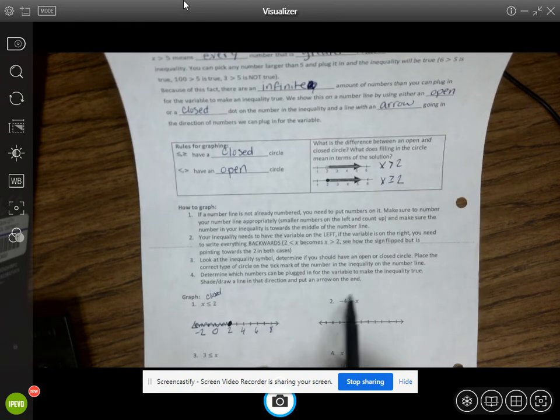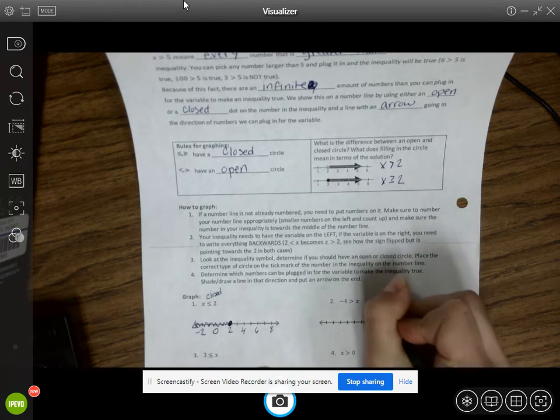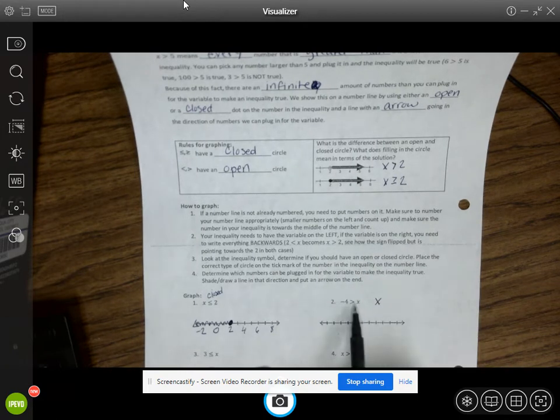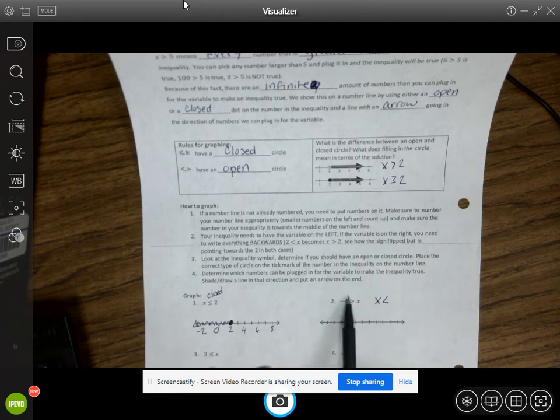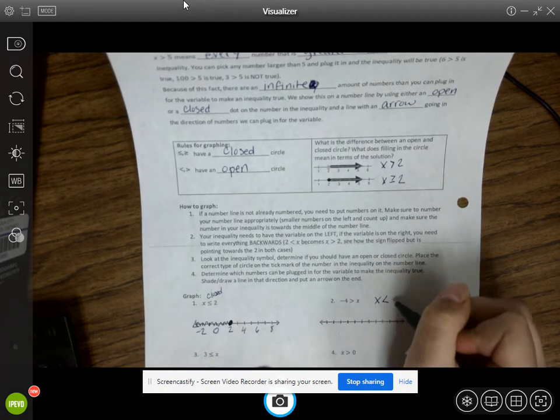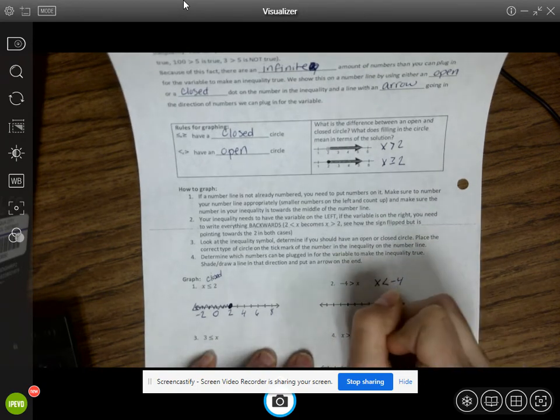And number 2, remember I need the variable on the left. My variable is not on the left, so I need to flip this whole thing around. I'm going to put x. I need to flip my symbol so it's pointing in the opposite direction. It is pointing towards x. It's still pointing towards x. And then -4. I'm going to put -4 somewhere towards the middle.